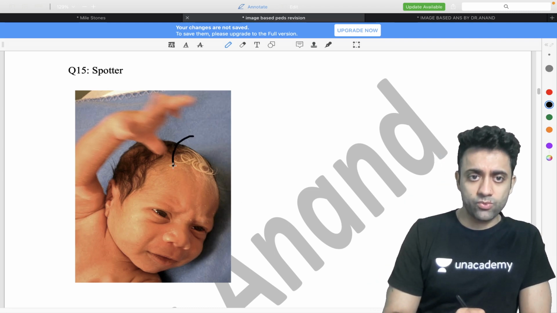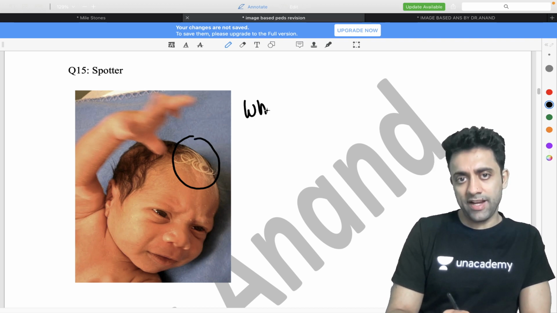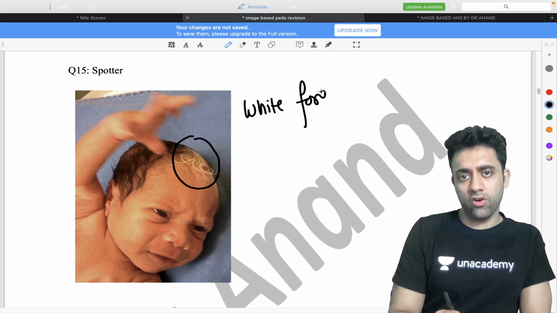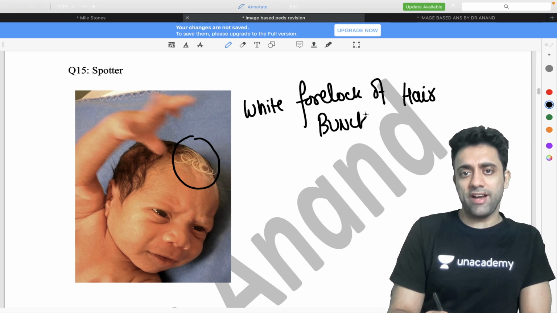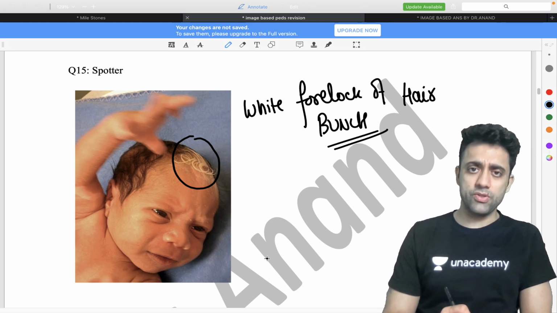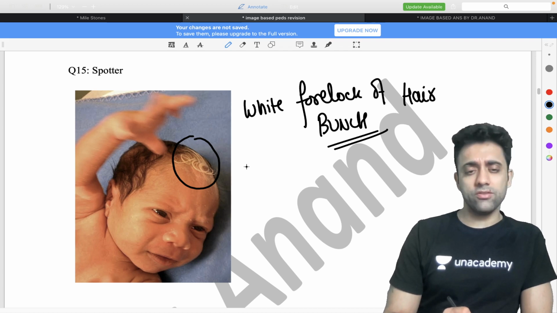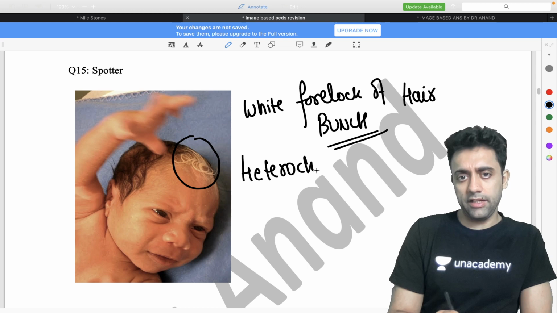Can we see this white bunch of hair, or white forelock of hair? Where do you see it, in which syndrome? Imagine, and this baby will also have heterochromia iridis.